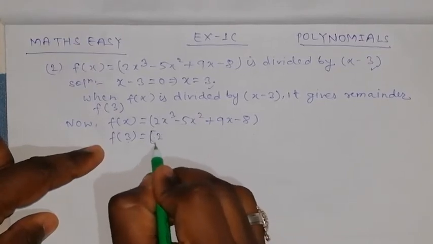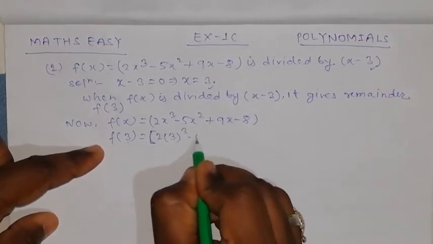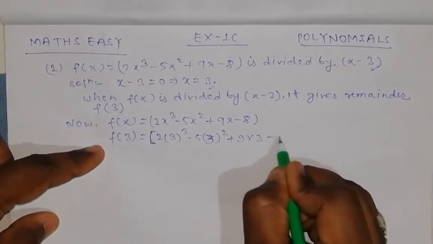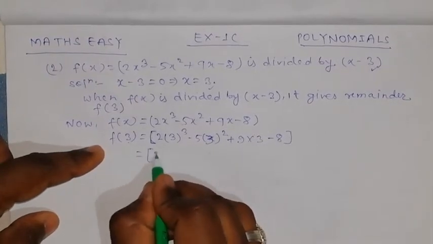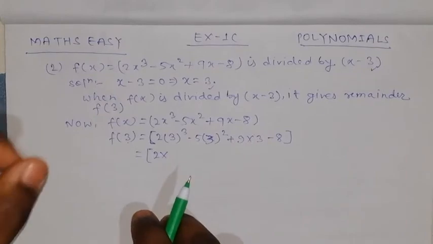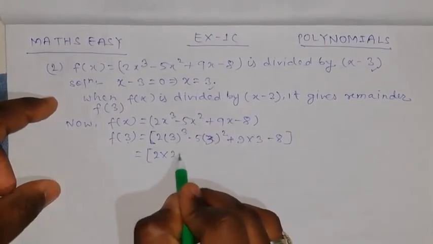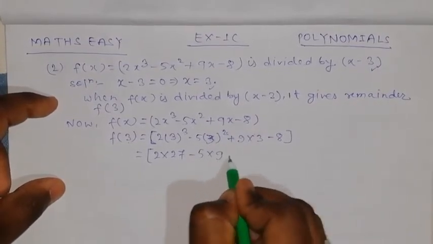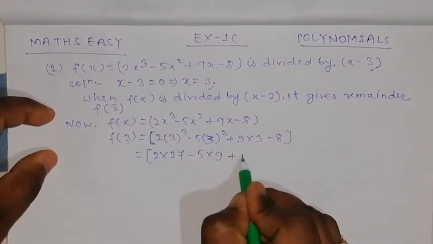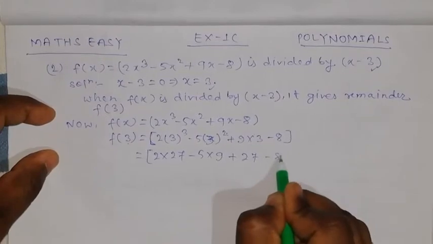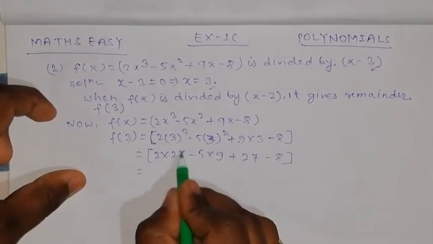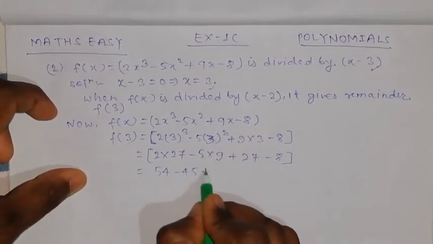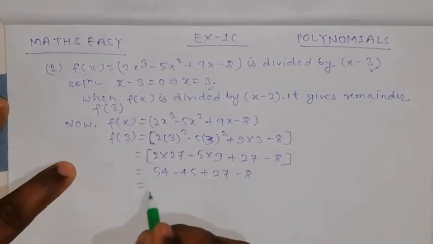Then 2 into 3 cube minus 5 into 3 square plus 9 into 3 minus 8 equals 2 into 3 cube. 3 3s are 9 and 9 3s are 27. 27 2s are 54, minus 5 9s are 45, plus 27 minus 8.